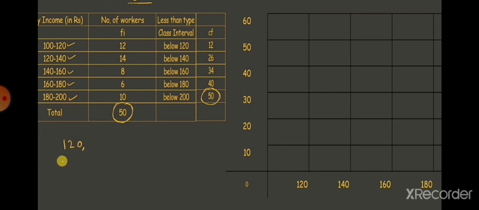Below means less than, so for the OGIVE you take the upper limit.